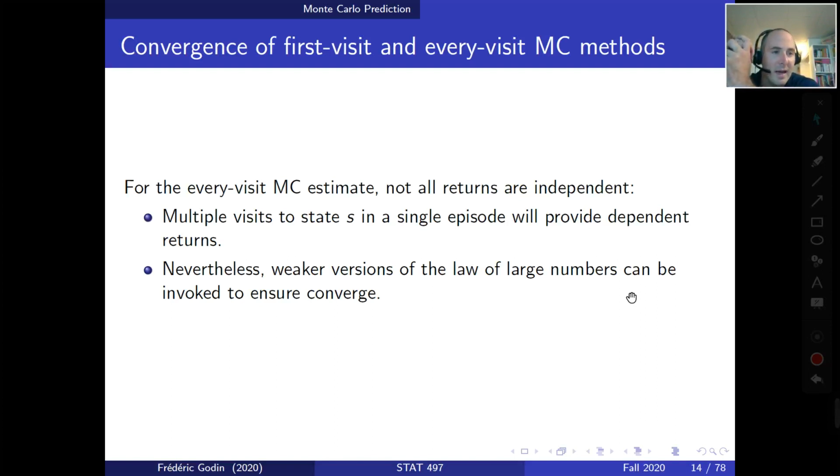For the every visit Monte Carlo estimate, proving that is not as easy because the returns are not independent. Okay, there might be multiple visits to some given state S in a given path. So because of that, the returns for this path for both visits are dependent.